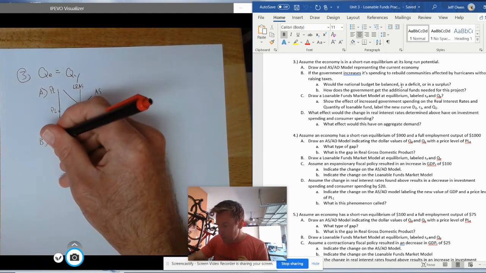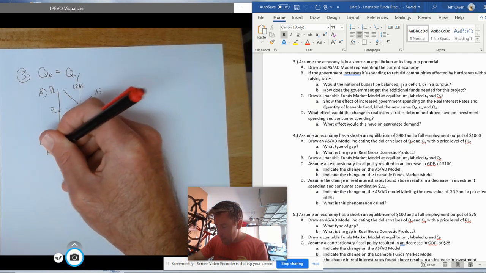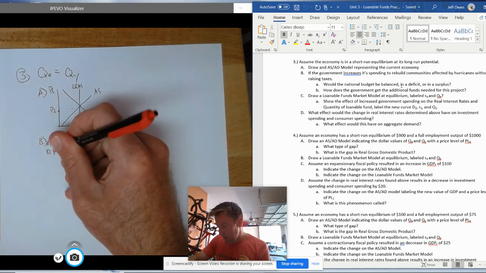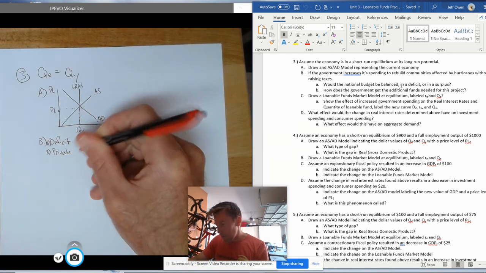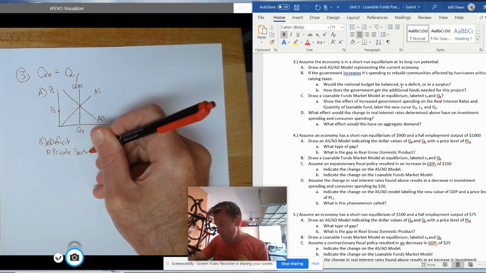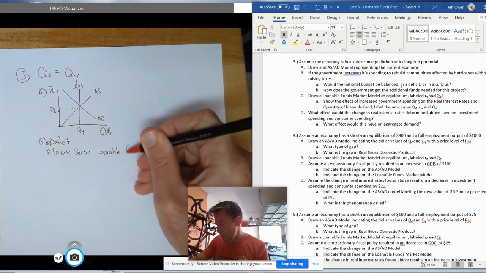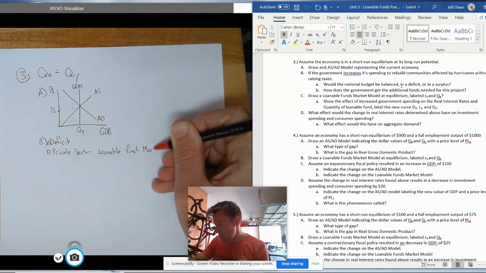So that's B. How does the government get the additional loanable funds needed for this project? Private sector. They have to go and borrow money from the loanable funds market. So private sector. We can also call that our loanable funds market.